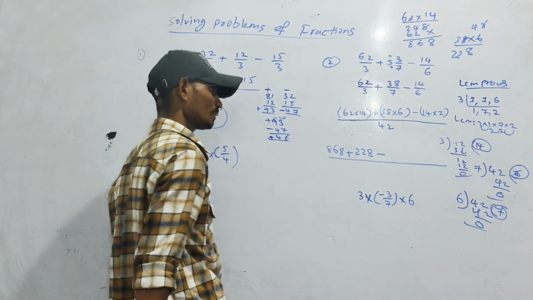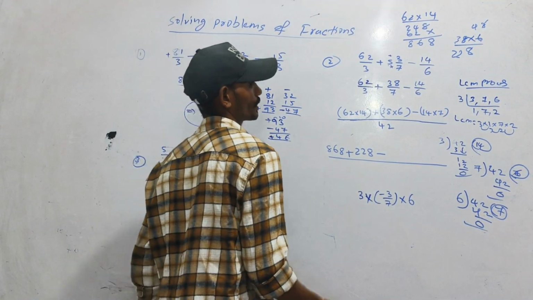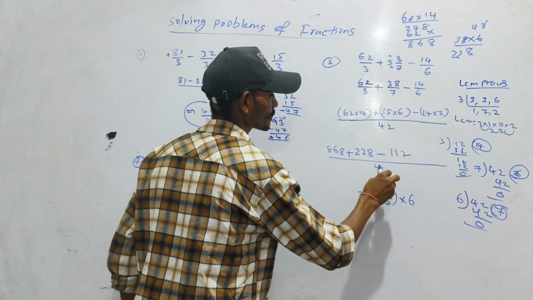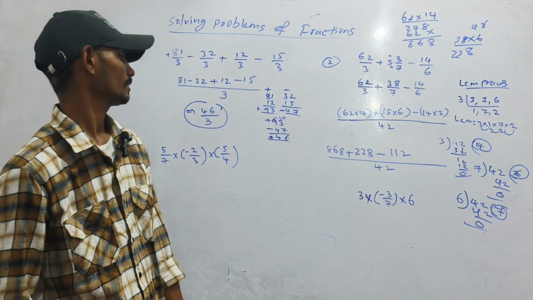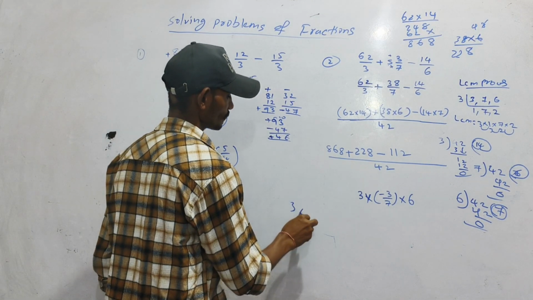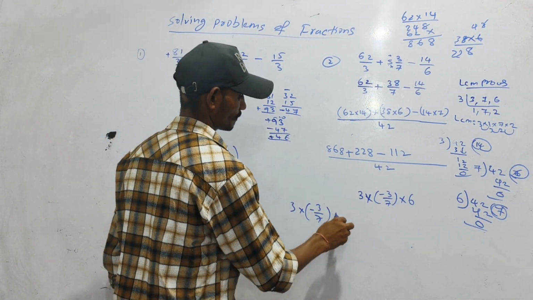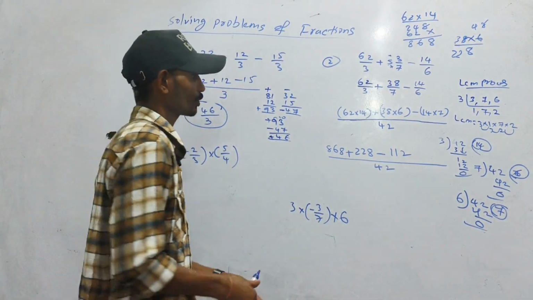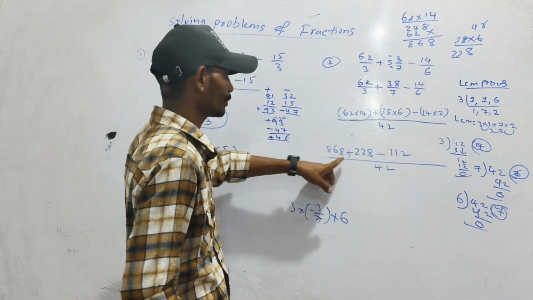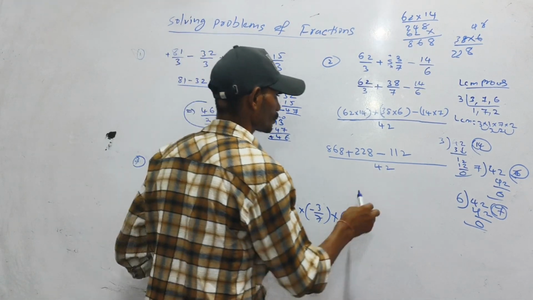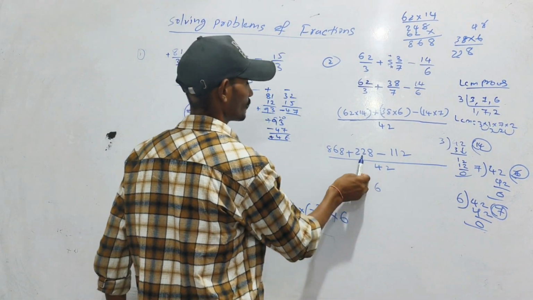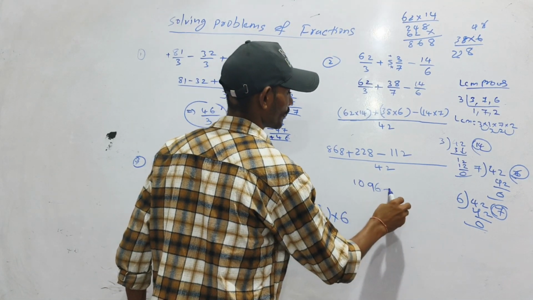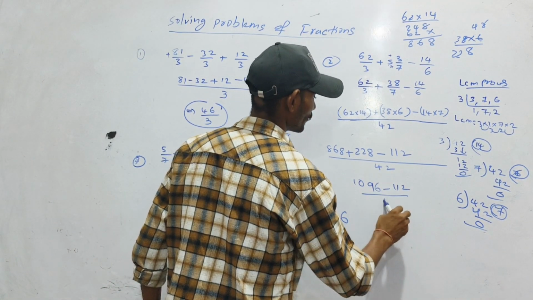Next, 14 into 7 is 98. The denominator is 42. Maintain the denominators in the same manner. So you have positive, positive, negative. Add the positives: 868 plus 228 is 1096. Next, 1096 minus 98 by 42.